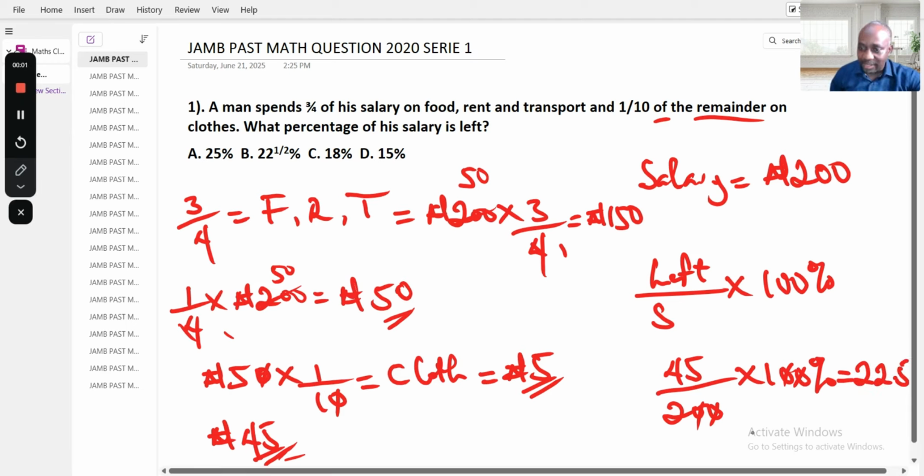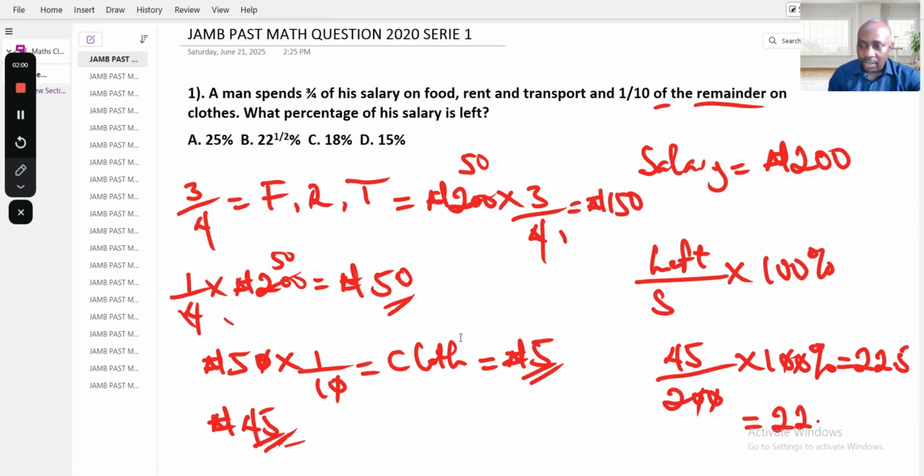Therefore, our final answer is 22.5 percent.